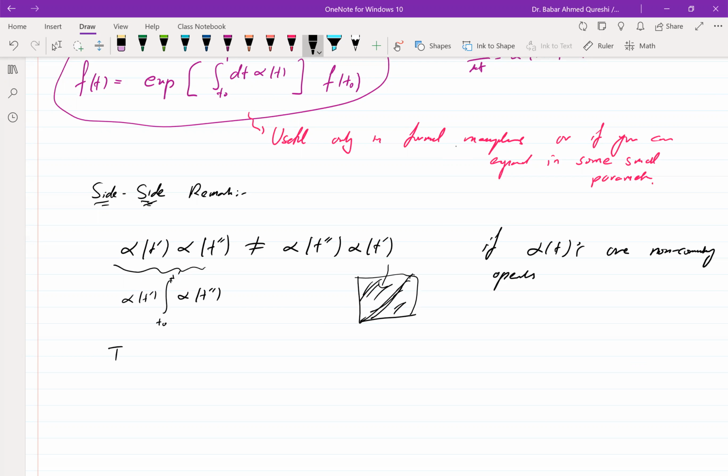If you force it that whenever I have these guys, because in this integration, t'' comes first and then t comes, whenever I have this, I'll give them the ordering, whichever is first in time comes first. So then this formally becomes a time ordered exponential. Some people call it path ordered exponential.